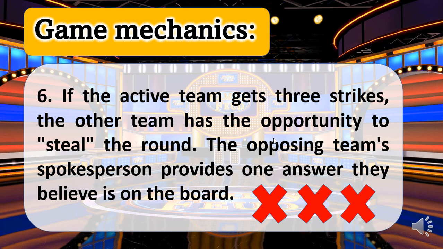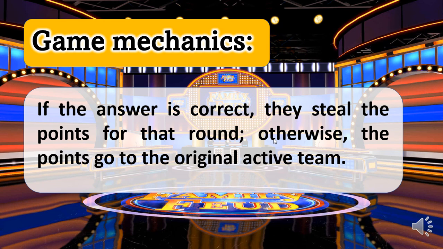If the active team gets 3 strikes, the other team has the opportunity to steal the round. The opposing team's spokesperson provides one answer they believe is on the board. If the answer is correct, they steal the points for that round.